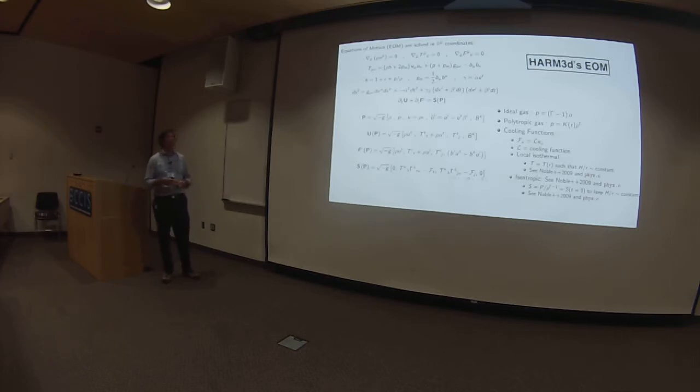So you supply a metric, and it can compute plasmas. And that's basically it. Some novelties are in the cooling functions. So we use optically thin cooling functions, but we're now pursuing more optically thick cooling functions like neutrino leakage schemes.